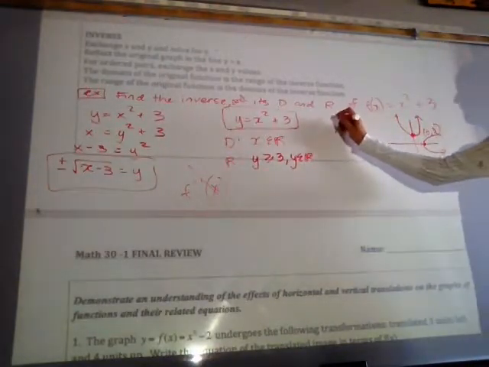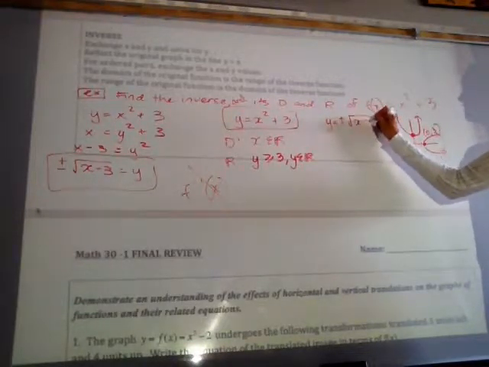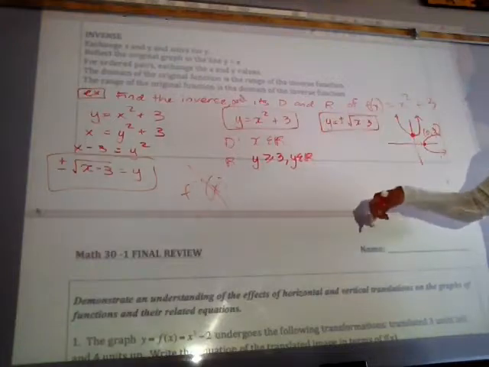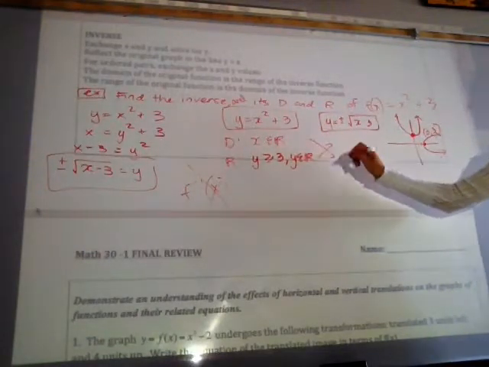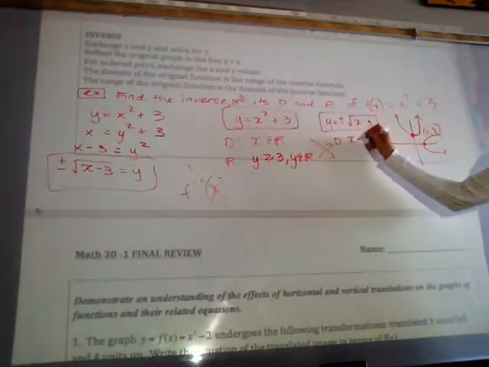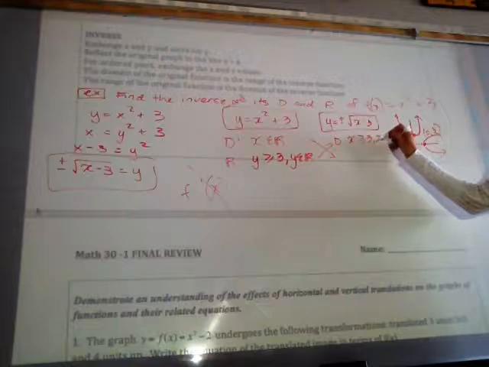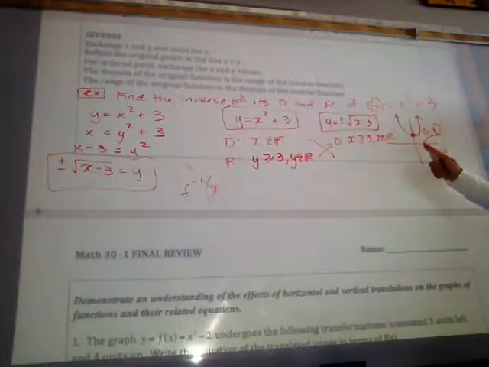So for the inverse, y equals positive or negative square root of x minus 3. What's going to happen? Well, the range becomes the domain, and the domain becomes the range. So the domain is now x is greater than or equal to 3, where x is an element of all real numbers. Okay, just like we see in this picture here, x is going to the right of positive 3, so it's greater than or equal to.